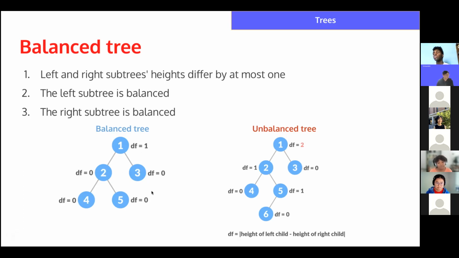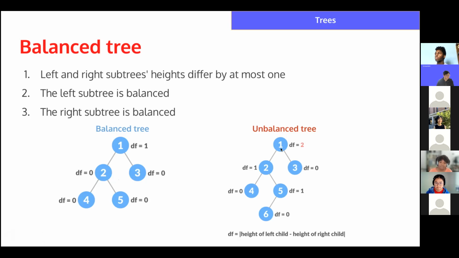So this left tree is balanced because the heights of the right subtree and the left subtree just differ by 1. The height of this subtree is 0, the height of this subtree is 1. So the difference of those two heights is 1. They differ by at most 1, so they differ by 1.